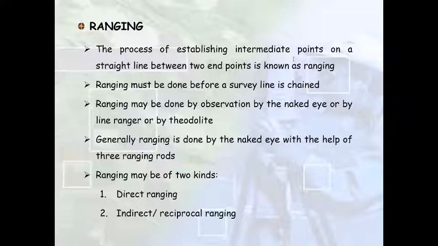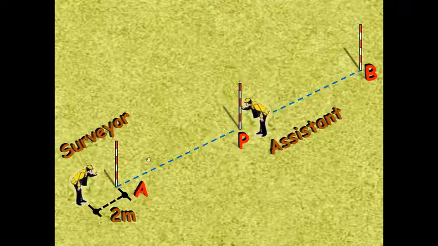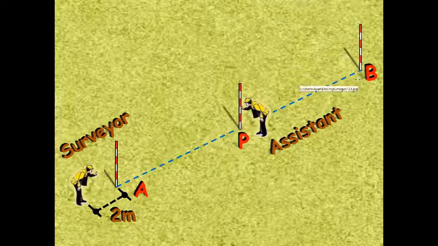So we have two different kinds: direct ranging and indirect ranging. Direct ranging is done when the 2 points, the first point and the last point, are intervisible. So when you're standing at point A, your first point, you can actually see point B, your second point. As you can see over here, if this observer standing at point A can see point B, then the process of ranging he will use is called direct ranging.